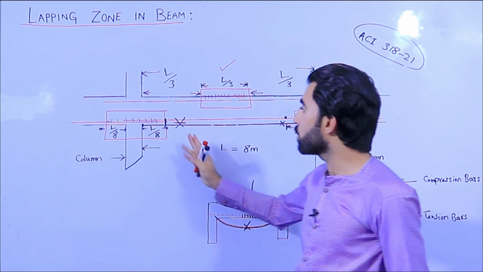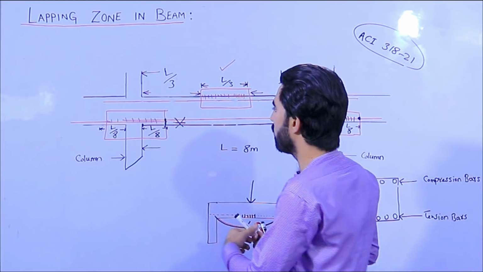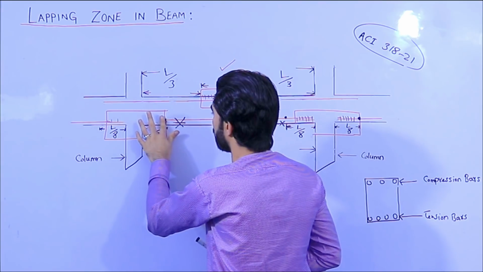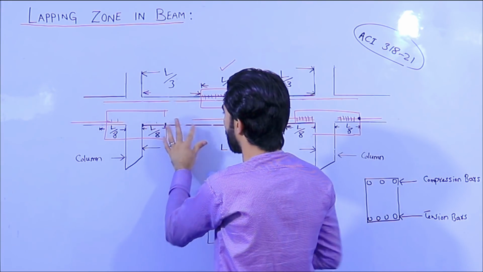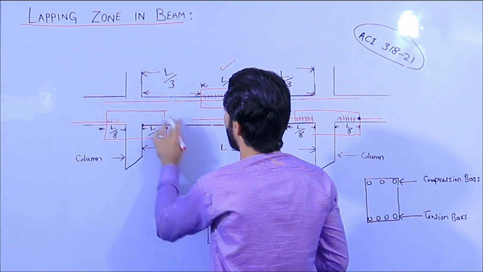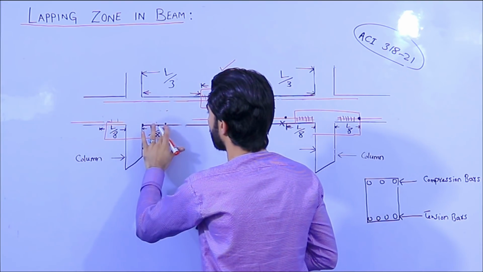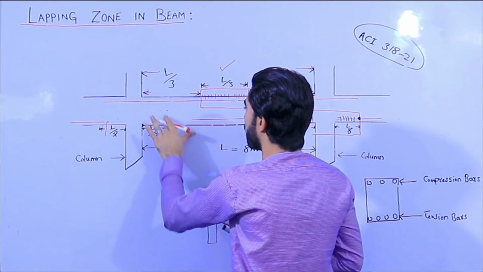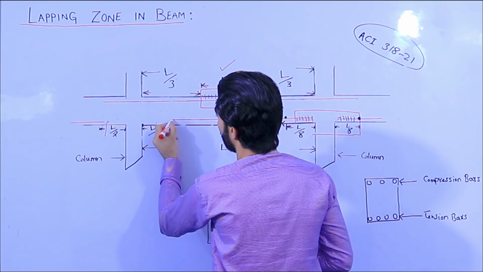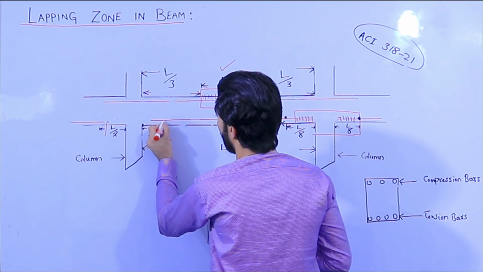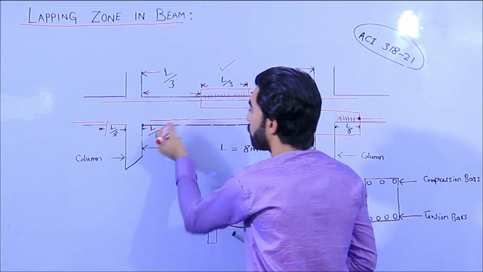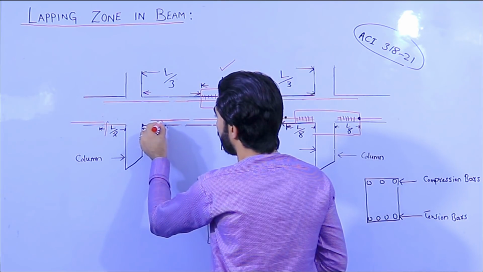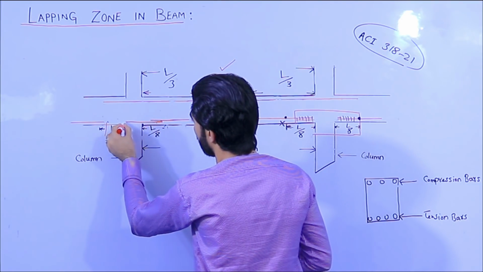So it should not be more than that. For example, as I told you here, this is just an example. When this steel bar is coming here, this is L by 4. When this steel bar is coming here, same like this. Now we don't have the steel bar, so here we will start the lapping zone.